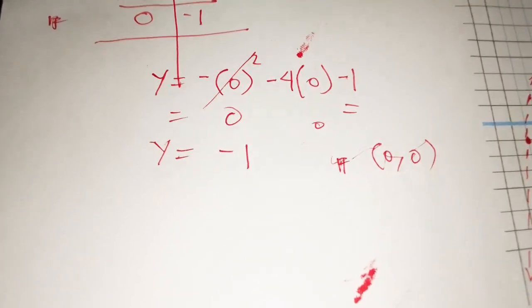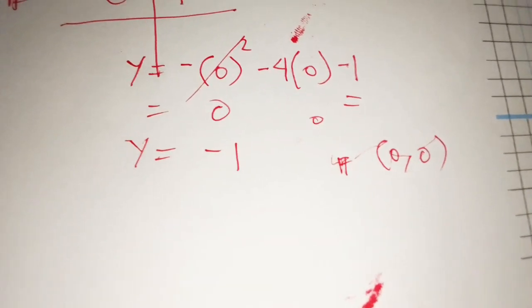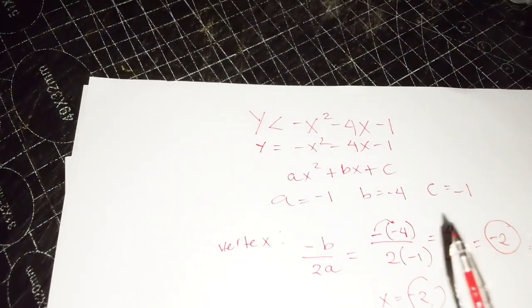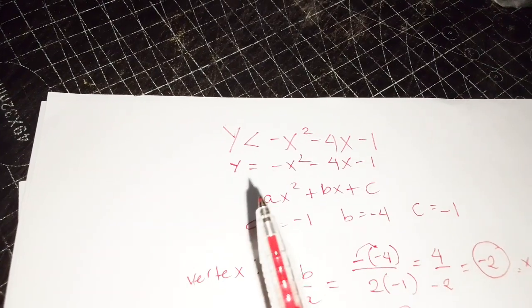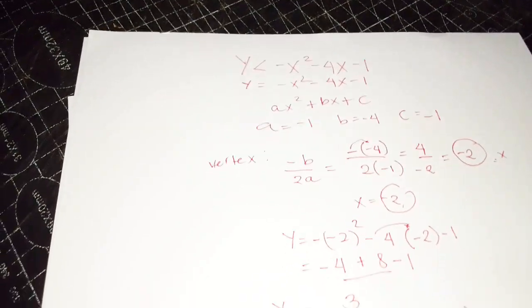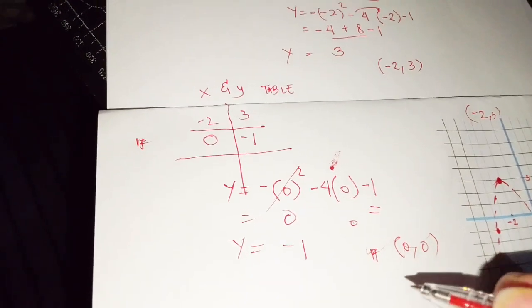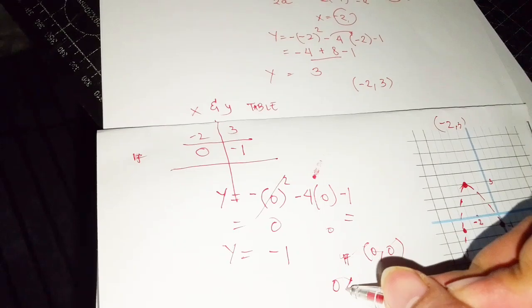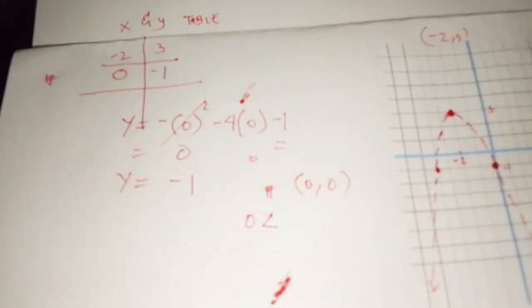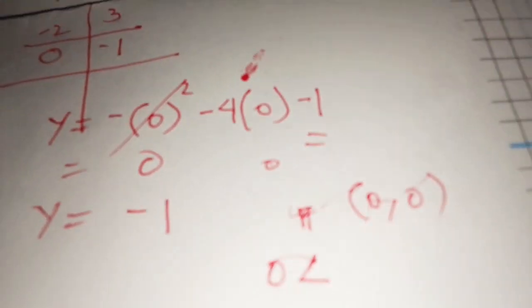Then we test the coordinate 0 comma 0, which is outside of the parabola. We compare it to the inequality symbol, going back to the original inequality: y is less than negative x squared minus 4x minus 1.